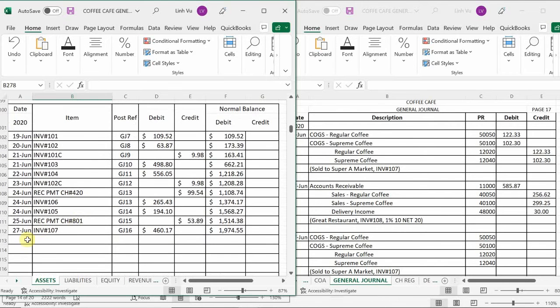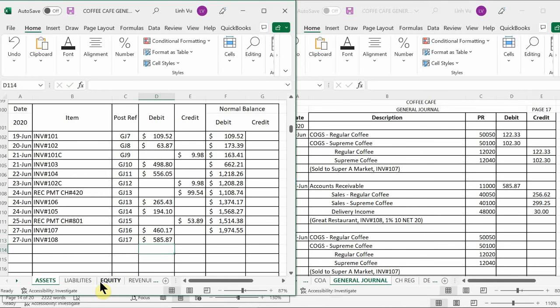Okay, so here we are. Right, we need to include now the invoice 108 in here as well. For that 585.87.